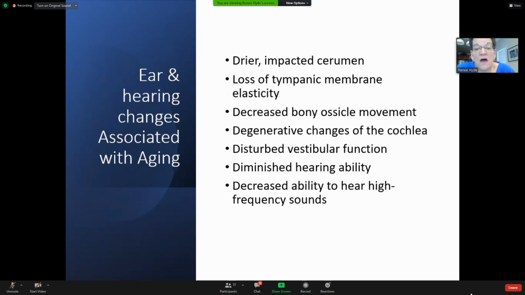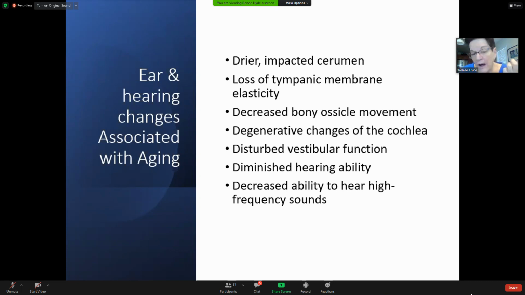Those types of sounds are lost. So instead of that, it would be at. So their hearing is going in and out.